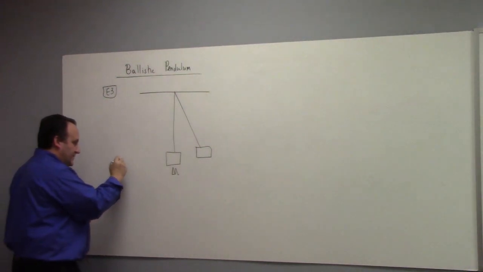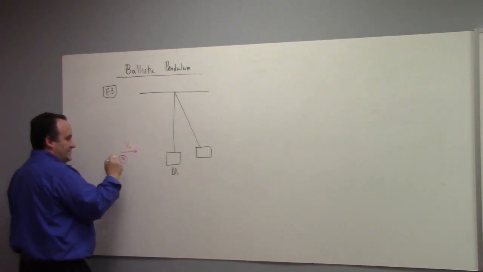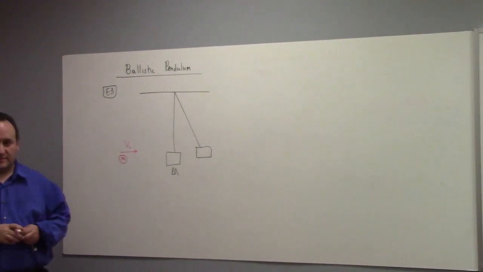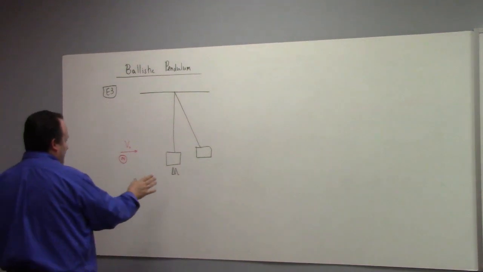And then you've got a little bullet, mass little m, moving along here at velocity v naught. What happens is that bullet shoots over, and it gets embedded. It sticks into this mass.